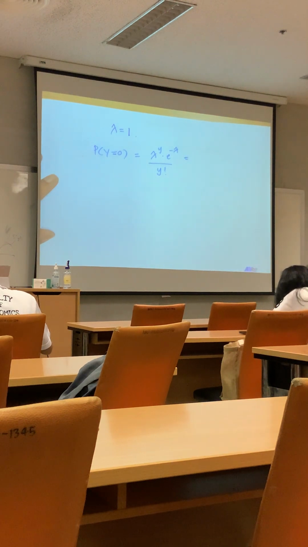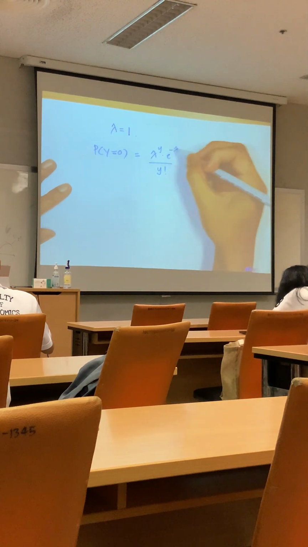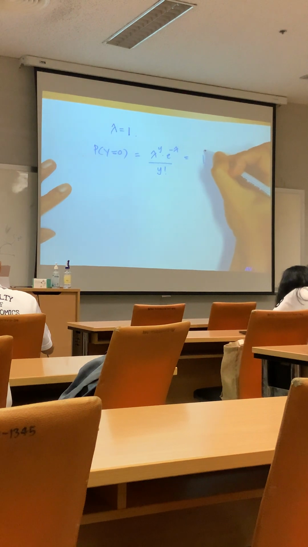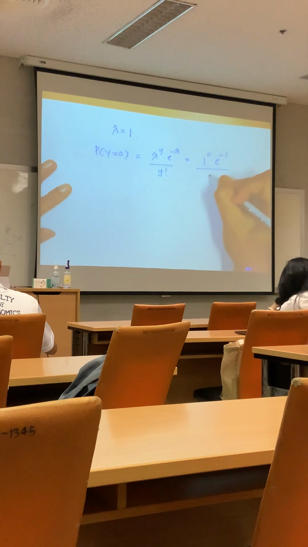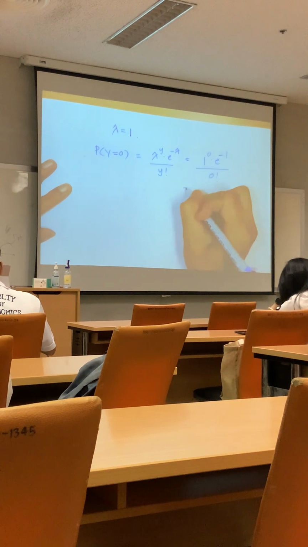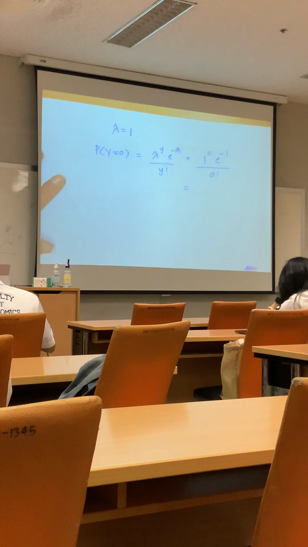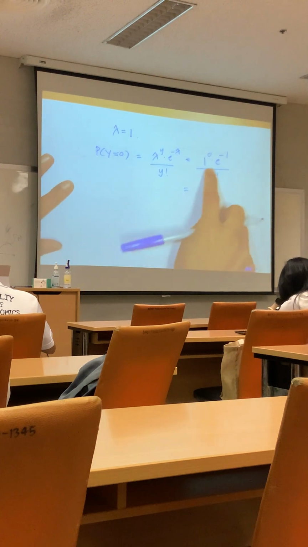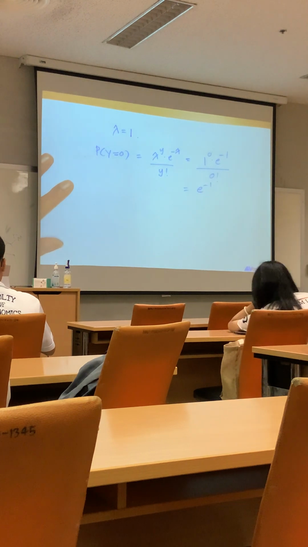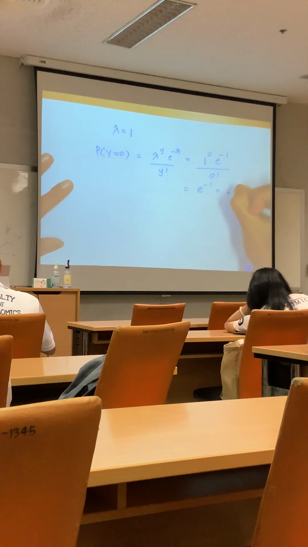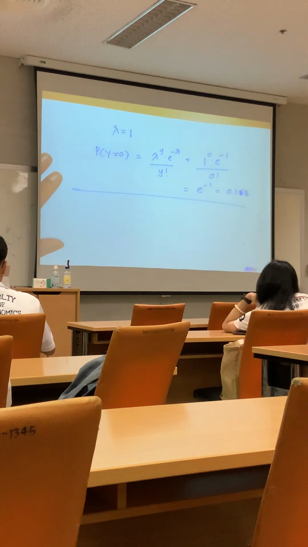Lambda is 1, right? y is 0, so you have that. It's similar to the question we did. You can see that eventually it boils down to just e to the power minus 1. And if you press it on your calculator, that is 0.368. That's the first question.